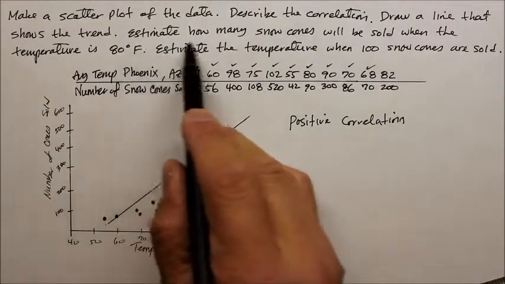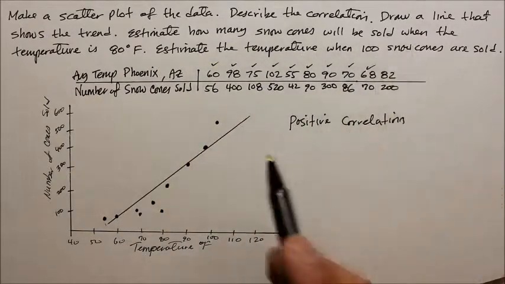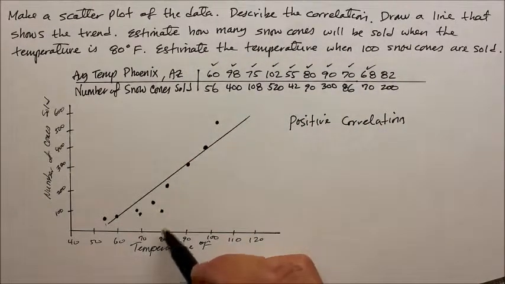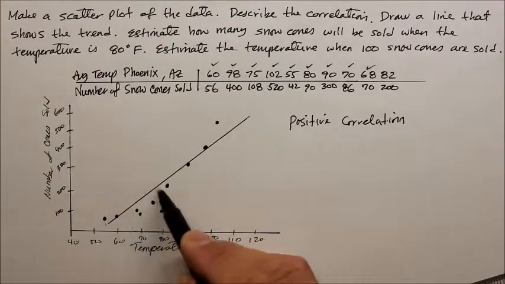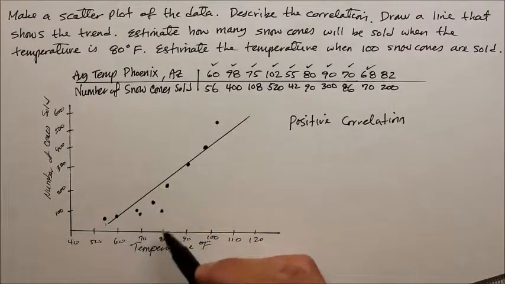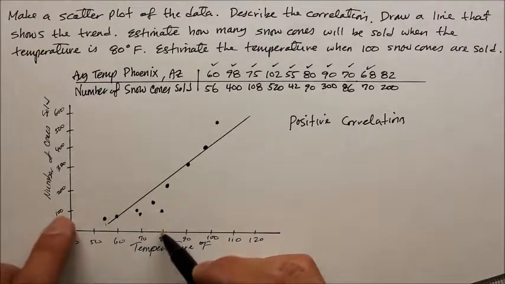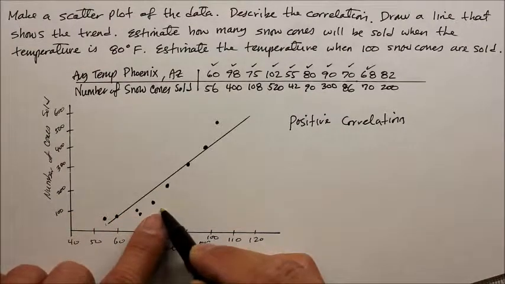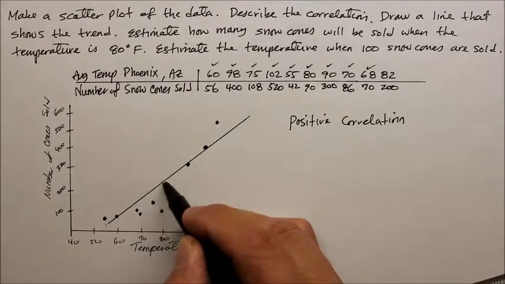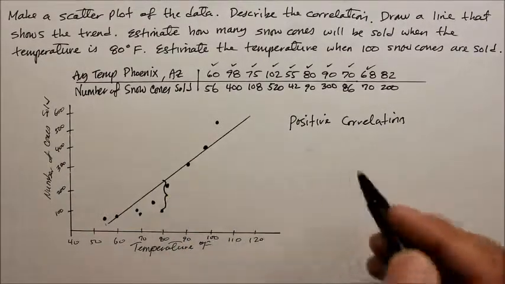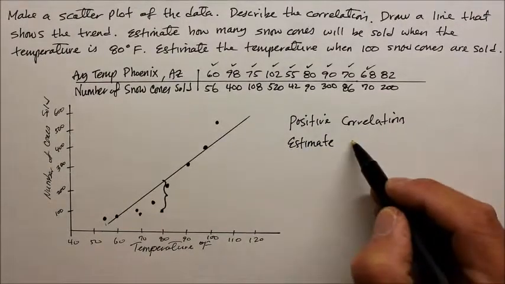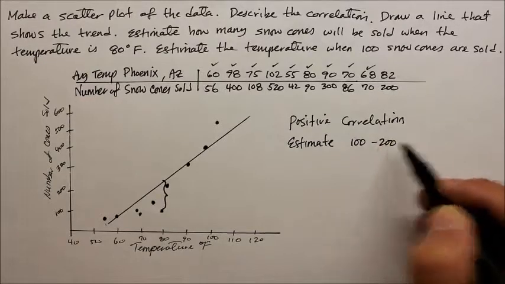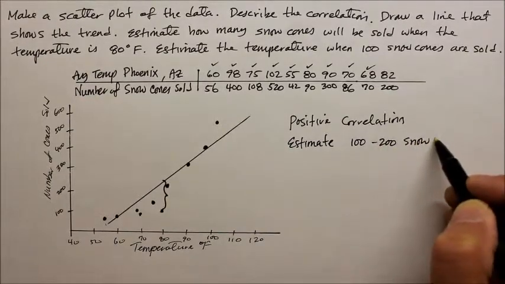Now it says estimate how many snow cones will be sold when the temperature is 80. Based on these, it fell somewhat below the trend, but I'm going to anticipate if it's 80 degrees outside, we'll probably sell anywhere from 100 to 200 snow cones.